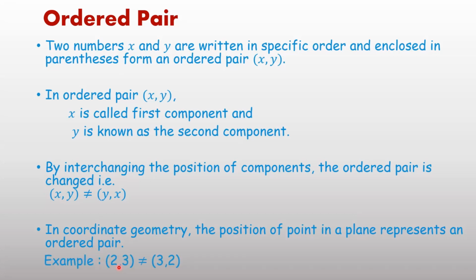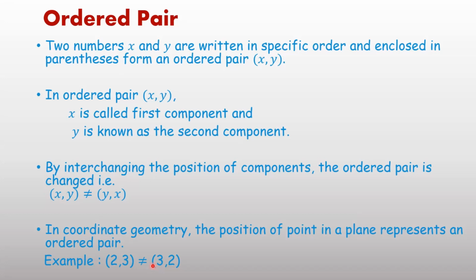Or the coordinates of a point are (2, 3) and the second point is (3, 2). (2, 3) and (3, 2) are not equal because they represent different points on the coordinate plane. The same rule applies in the case of ordered pairs. If (2, 3) and (3, 2), two ordered pairs, are written, they are not equal.